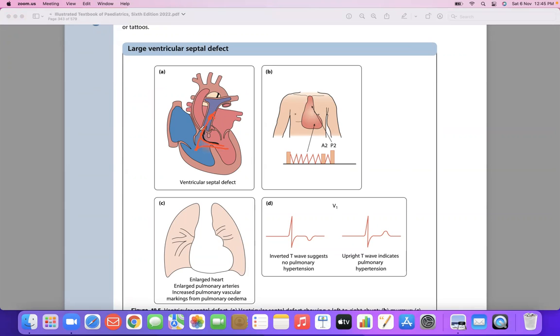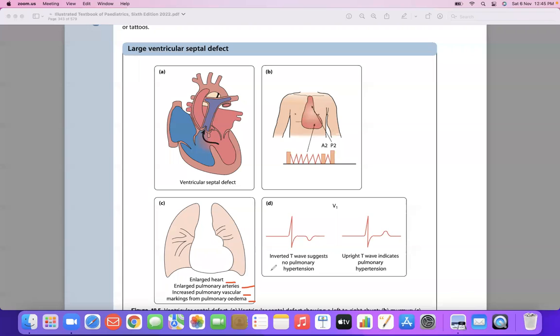So you will have cardiomegaly, dilated pulmonary arteries, and increased pulmonary vascular markings, or even pulmonary edema. But in small VSD, maybe the ECG is normal and even the chest X-ray is normal.